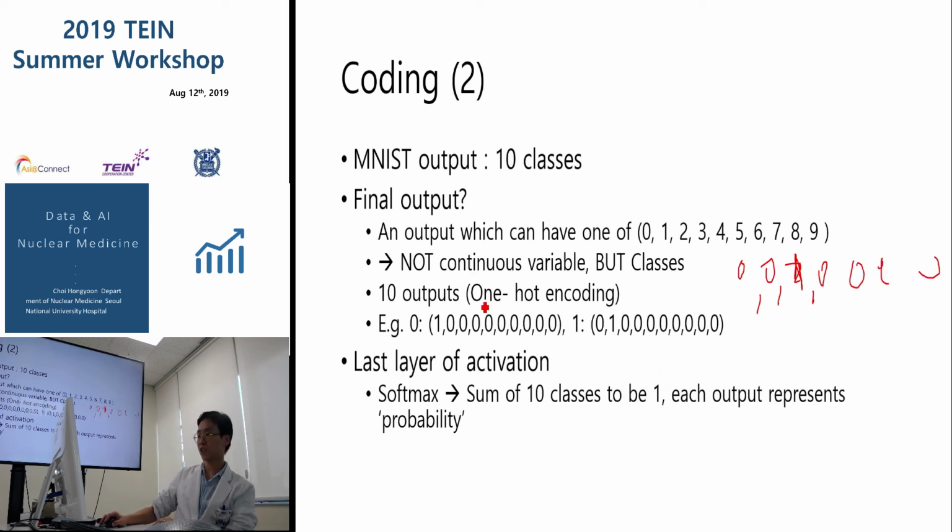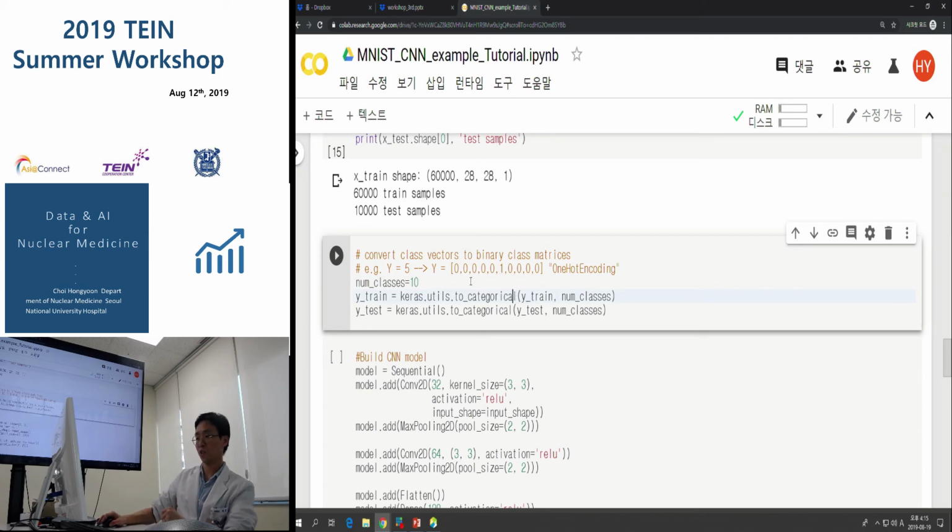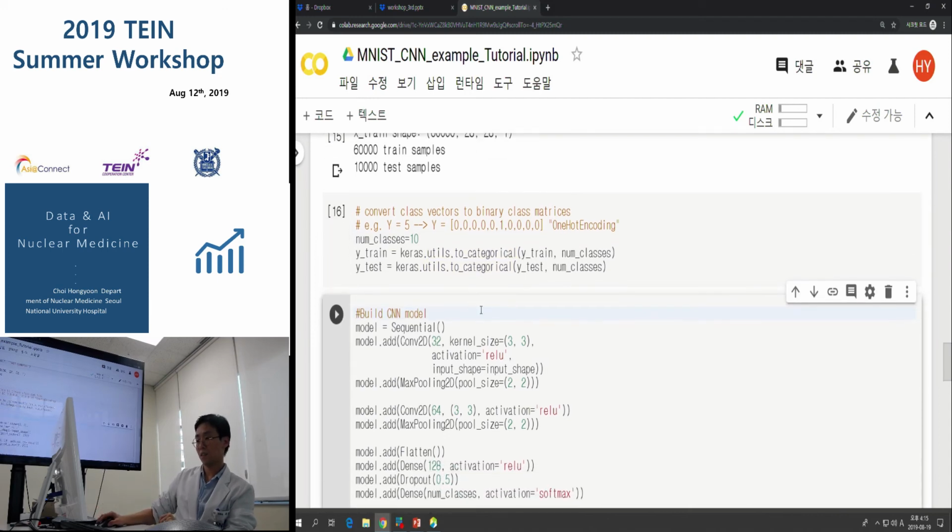So we should change this label to one-hot encoding. This is what we should do. It is very simply performed by a function in Keras. So this is done.